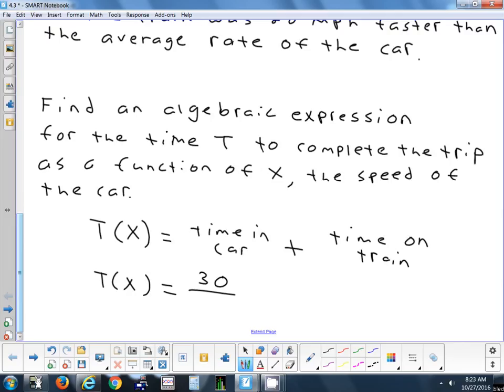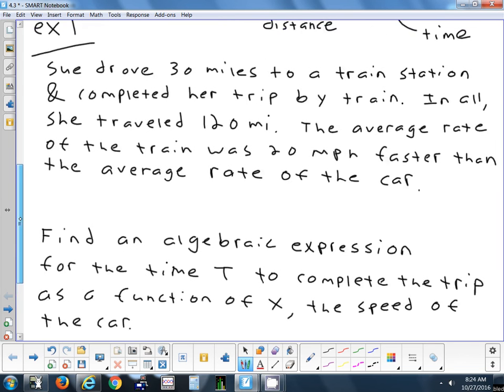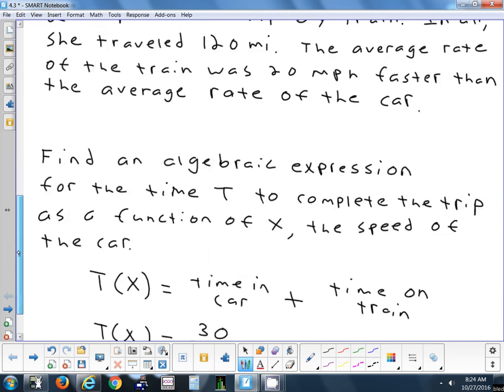Did they suggest a variable for us to use? Yeah, it says x is the speed of the car. All right, so we're going to let x be the speed of the car, but that's exactly what we need. It's a variable, and if they didn't suggest it, you could use anything you want. Okay, any questions on that?